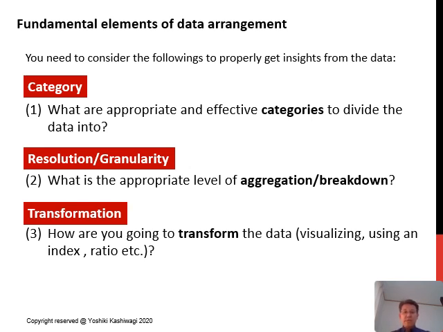Finally, that's transformation. That's the easiest one. You can change the shape of the data, like visualizing by making a graph, trend graph, the bar chart, the pie chart, whatever. So you can use some graphs or charts, or you can use some index of the ratio, percentage or density, whatever. There are many index and ratio. So sometimes you have to find the right index or right ratio to show your objective. Again, three ways to arrange your data.